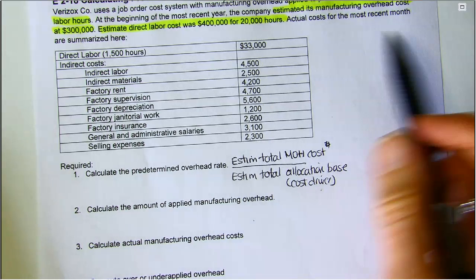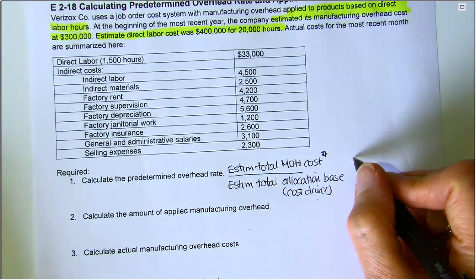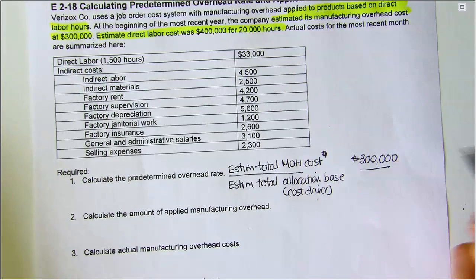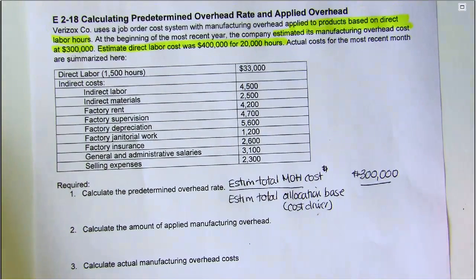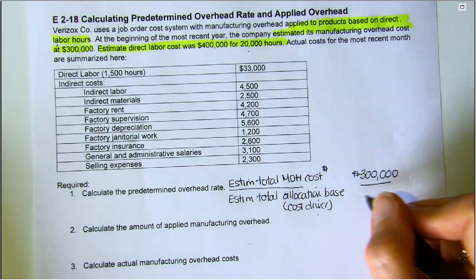In our case, the estimated overhead was $300,000, and the allocation base is direct labor hours, and they estimate that at 20,000 hours.